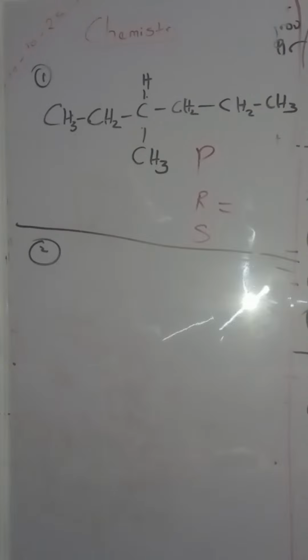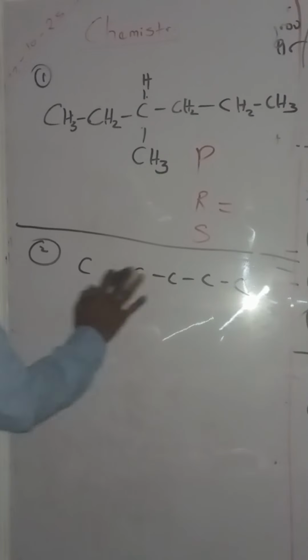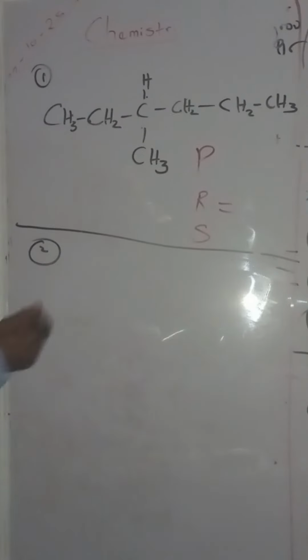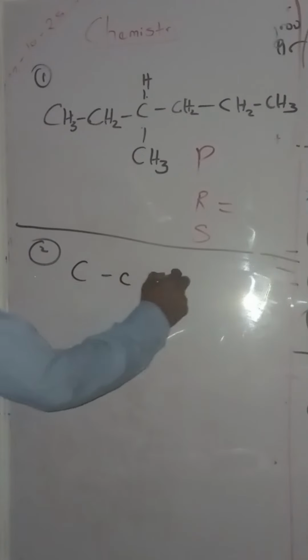So now let's name this one. If there are branches on both sides at equal distance, number from the most congested area.